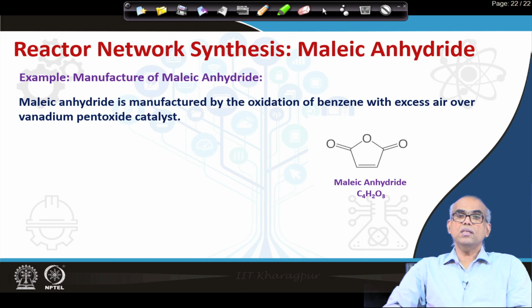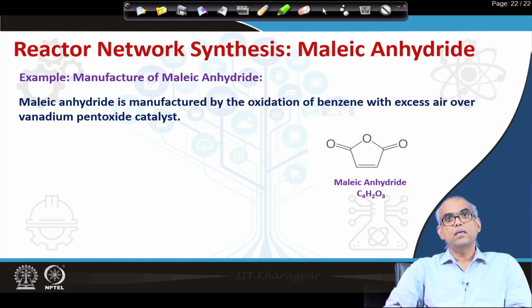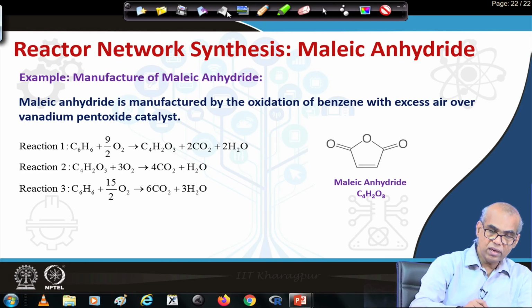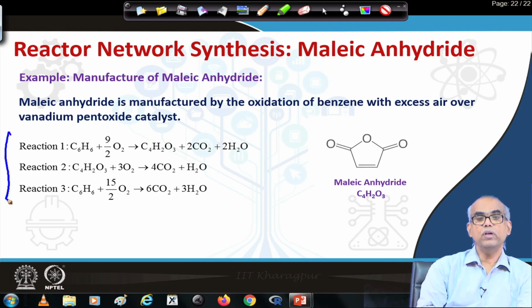Now, we will consider the reactor network synthesis for manufacture of maleic anhydride. Maleic anhydride is manufactured by the oxidation of benzene with excess air over vanadium pentoxide catalyst. The reaction scheme is shown here as a collection of 3 reactions.